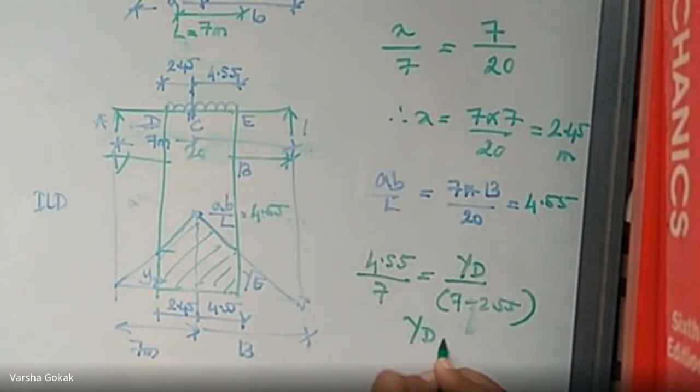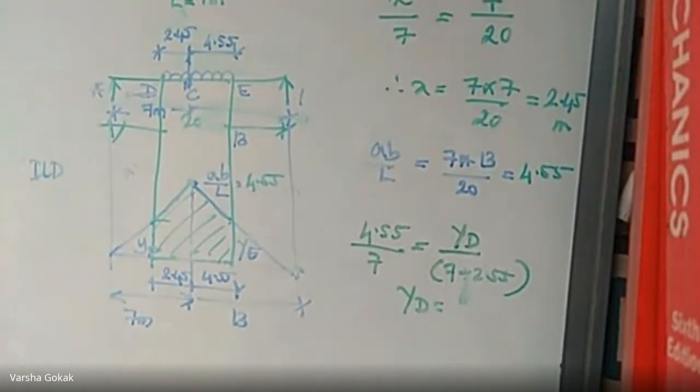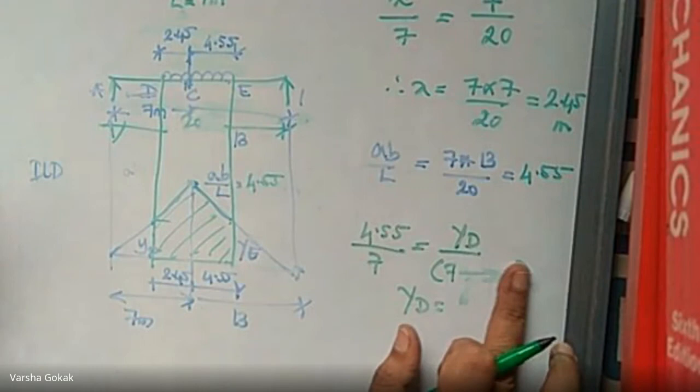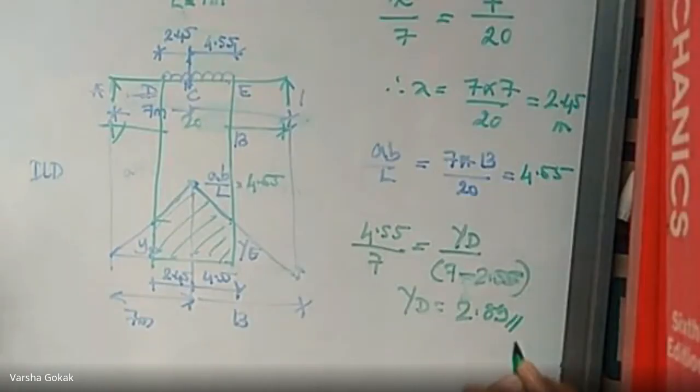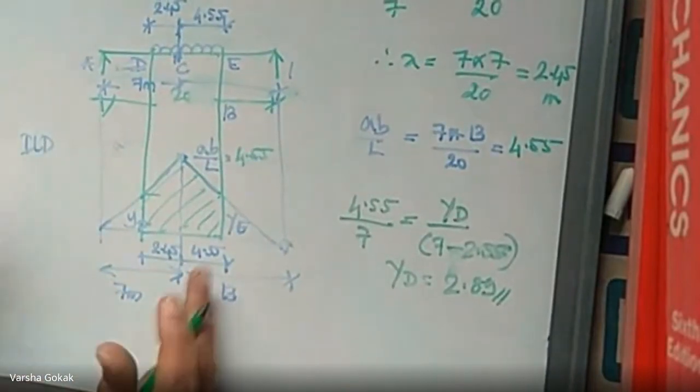Get me the value of YD, please. YD is 2.89.